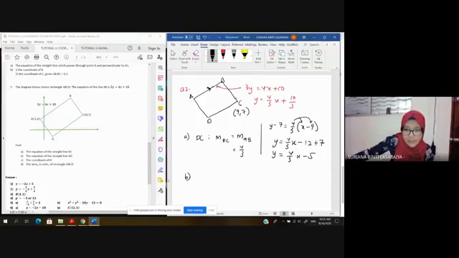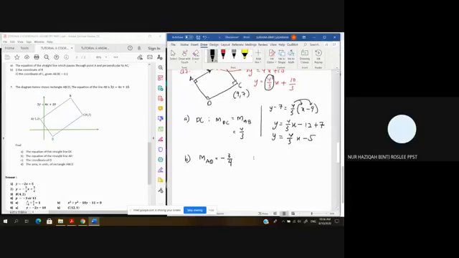B is the equation of the straight line AD. Okay, in a rectangle, the angle here will be 90 degrees. They are perpendicular. So since you know the gradient of AB is 4/3, then the gradient of AD will be negative 3/4, right? Correct.